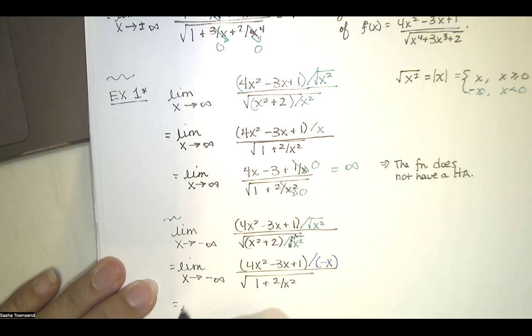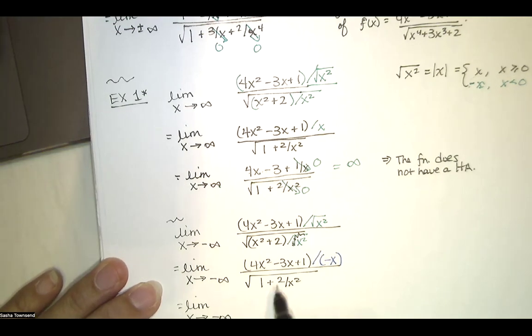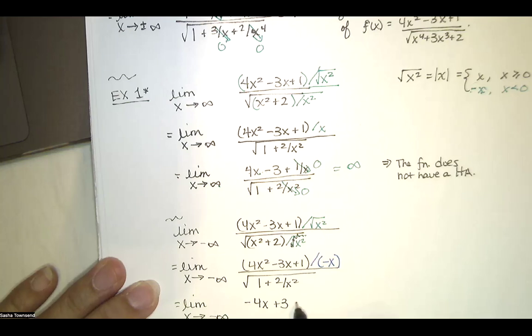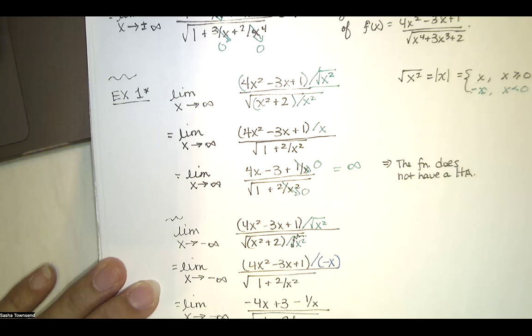So we get the limit as x goes to negative infinity of 4x squared divided by -x, and then -3x divided by -x minus 1 over x, all divided by this expression right here.